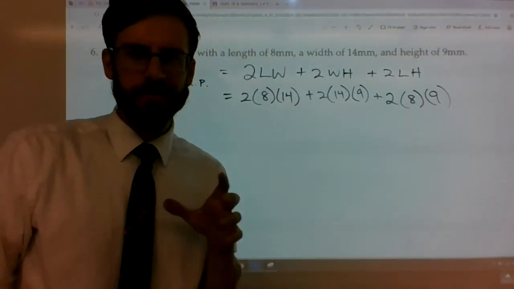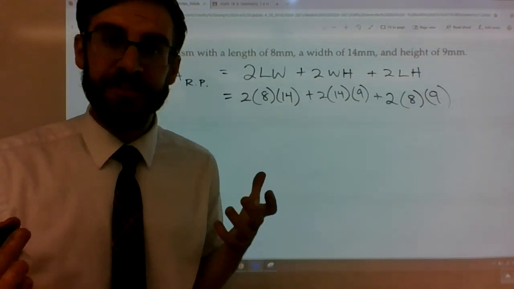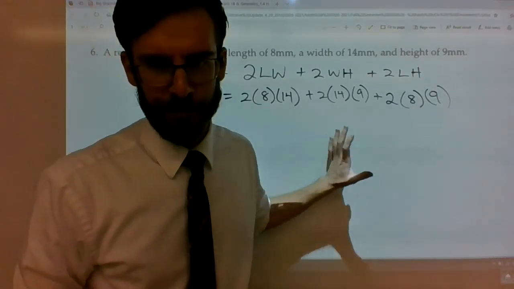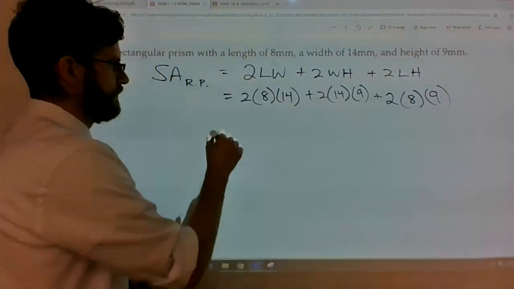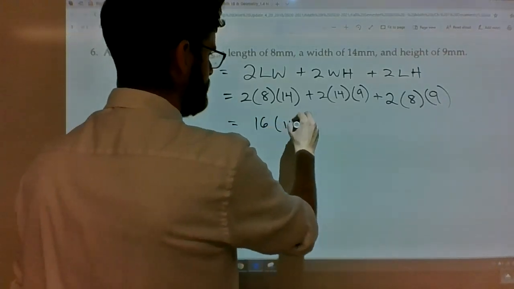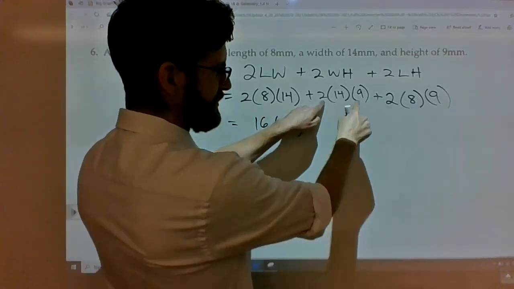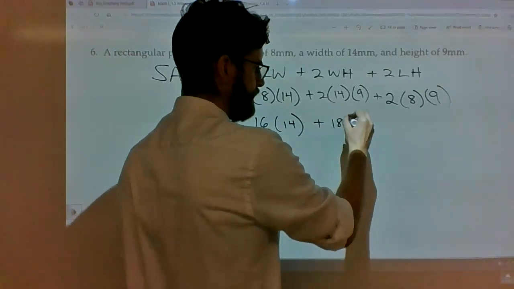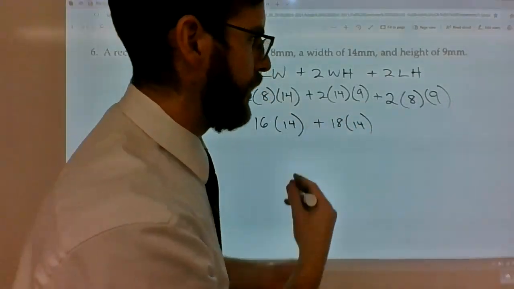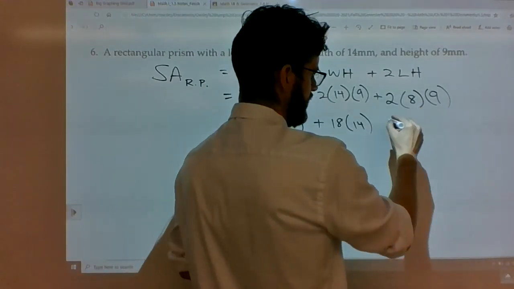So at this point, we can talk a lot about the geometry of this, but I'm really using this example for the algebra purposes of it. So 2 times 8 is 16. I'm going to do 2 times 9 on this one, which is 18. And then 2 times 8 again.